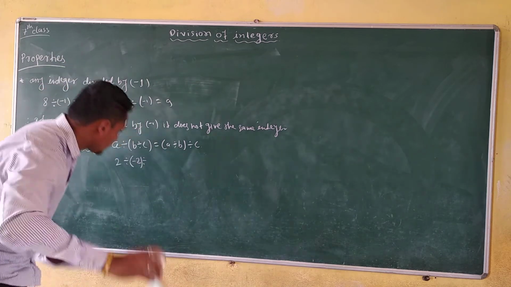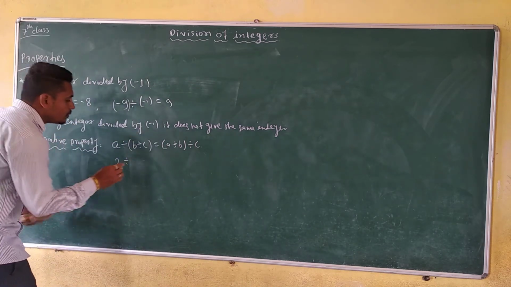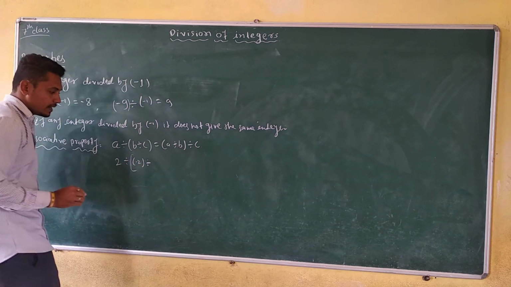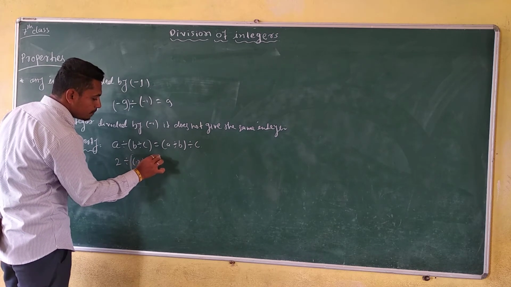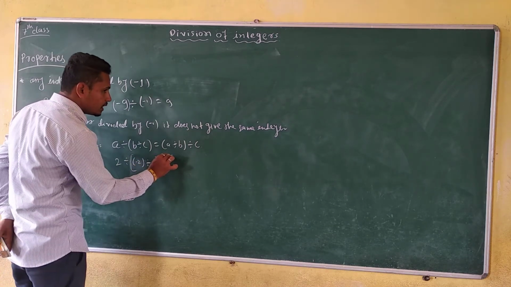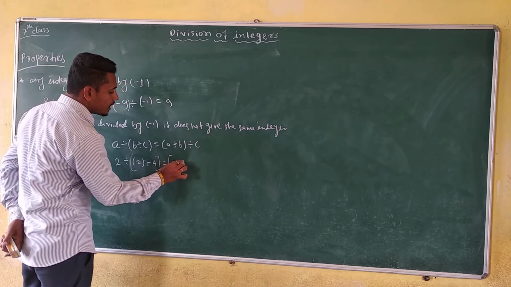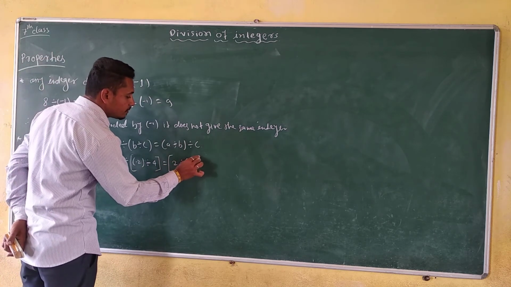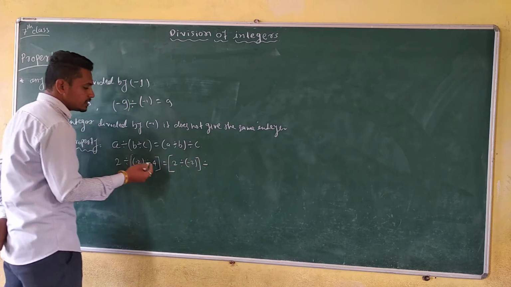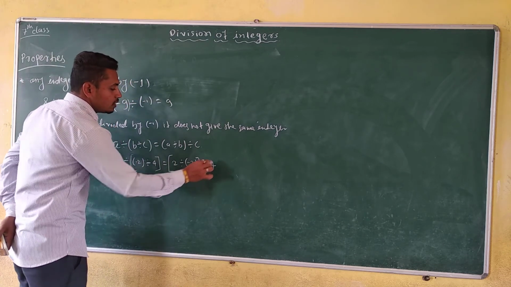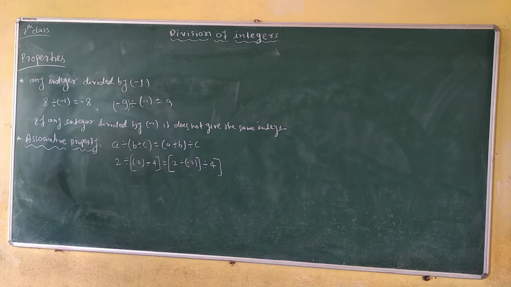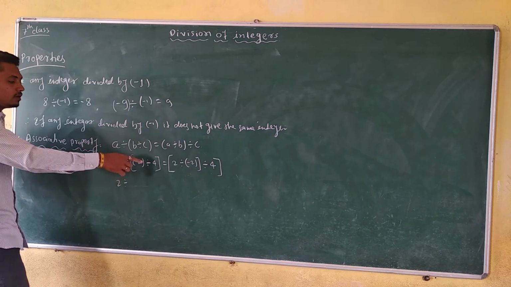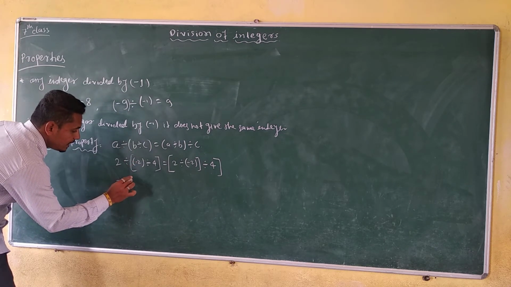So take a is equal to 2, b is equal to minus 2, c is equal to plus 4. In the bracket a is equal to 2 divided by, in the bracket b is equal to minus 2, then divided by c is equal to 4. Now we have to simplify this. First we have to solve the bracket.